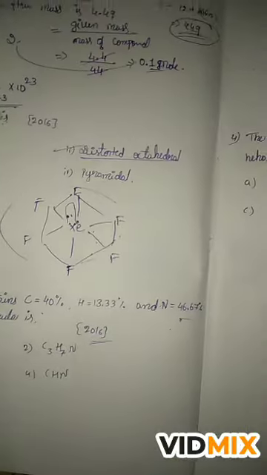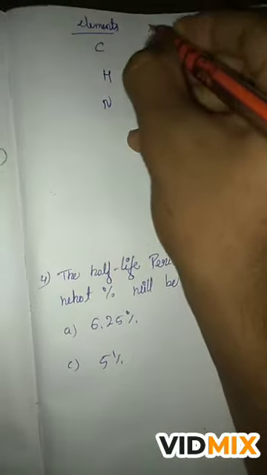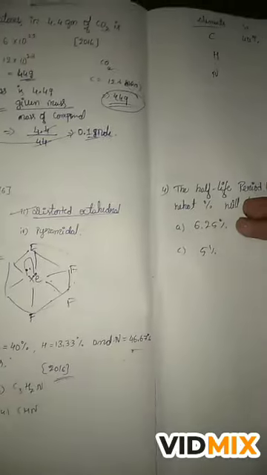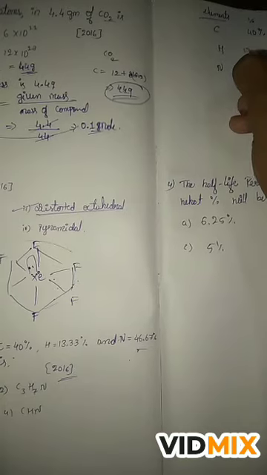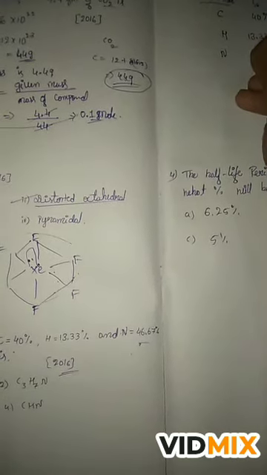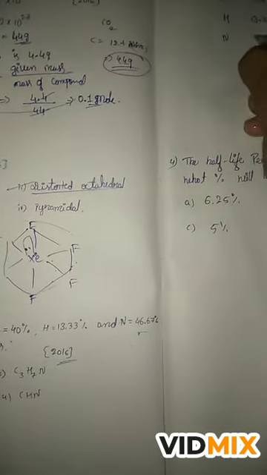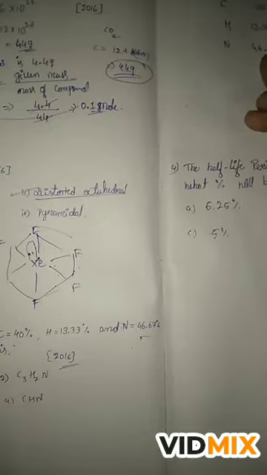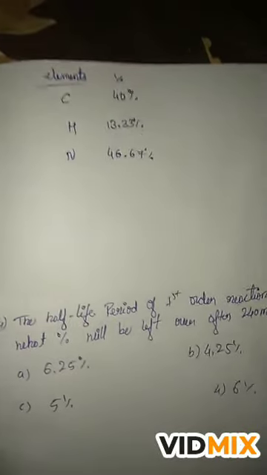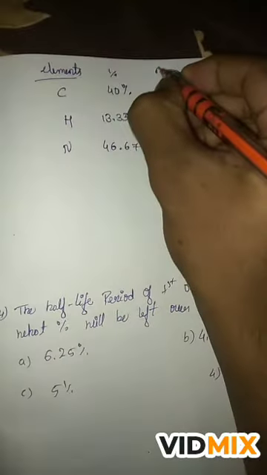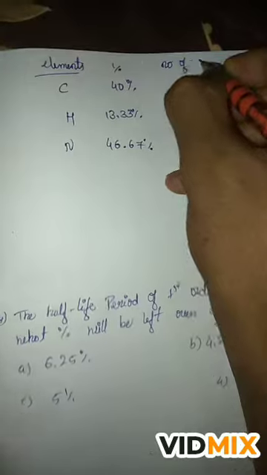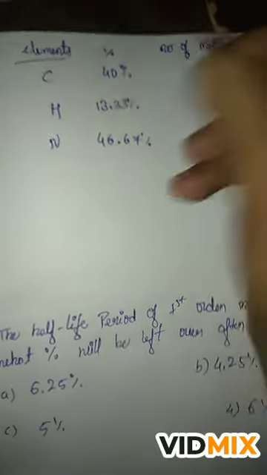Carbon is given as 40%, the percentage composition. Next hydrogen, 13.33%, and nitrogen 46.67%. Now, what will be the number of moles? Next column is number of moles.